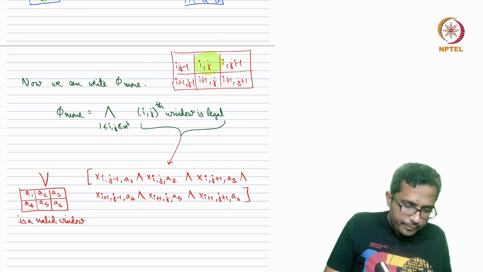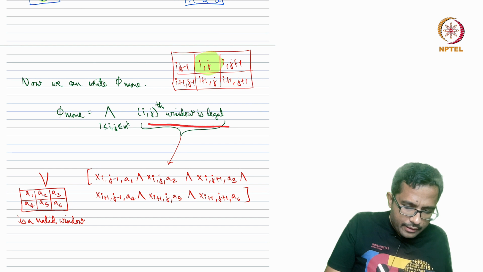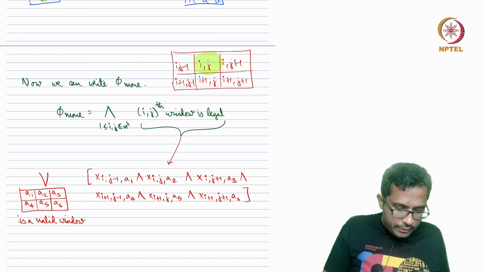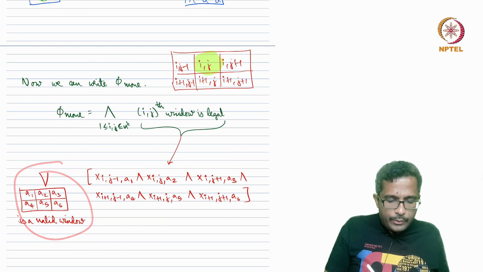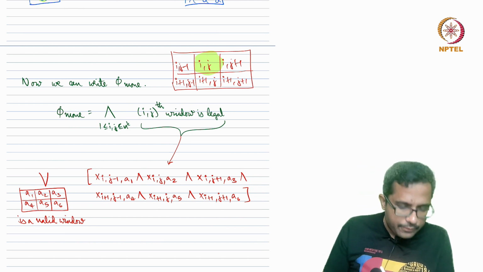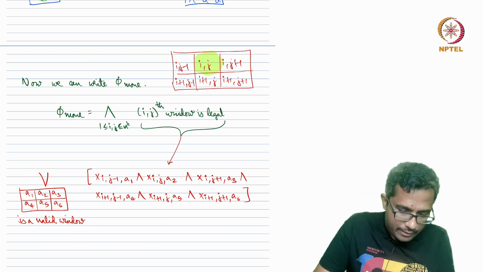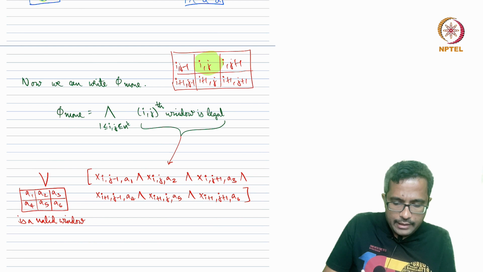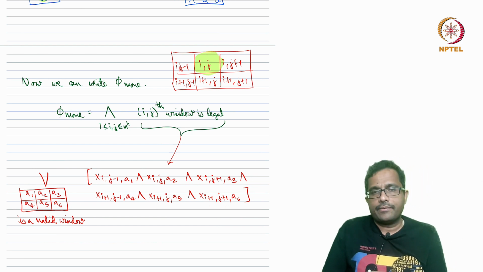For each term like this, it is expanded like here, where we take an OR of all the valid windows and check whether this window corresponds to that valid window. So if A1, A2, A3, A4, A5, A6 is a valid window, we are checking whether the ij minus 1th entry is A1, the ijth entry is A2, the ij plus 1th entry is A3 and so on till the i plus 1, j plus 1th entry is A6.